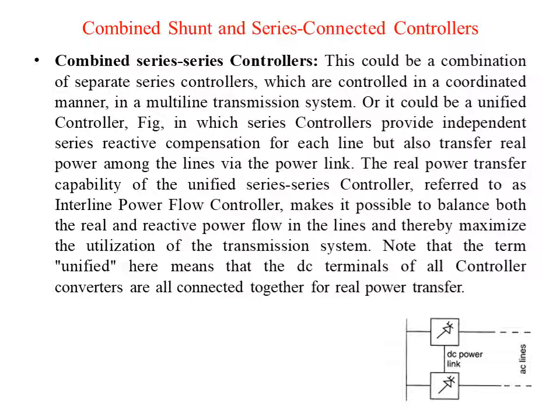So instead of a series controller separately and a shunt controller separately, we are using a unified controller. Unified controller means the controllers might be connected in series, in shunt, or in combination of series and shunt, but there will be a link provided between all these controllers to control the active power transfer in the system.